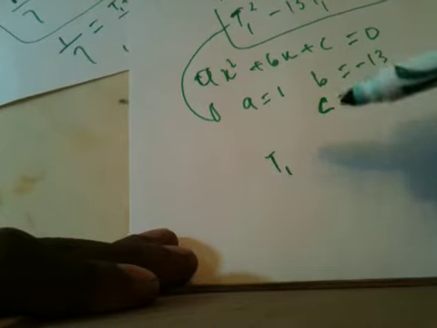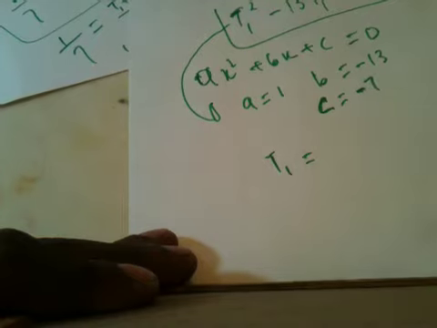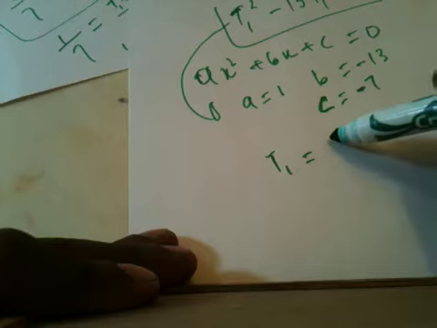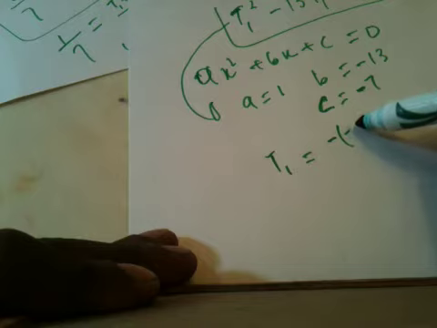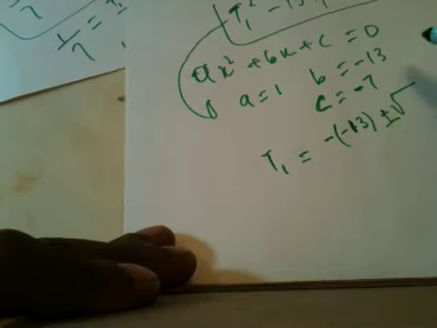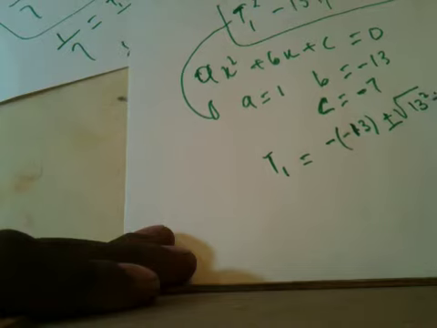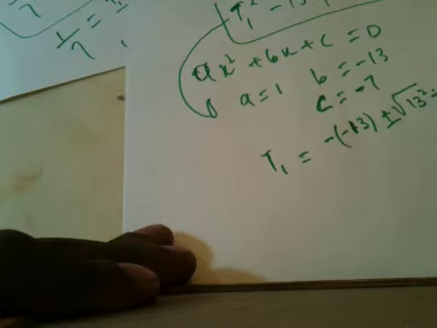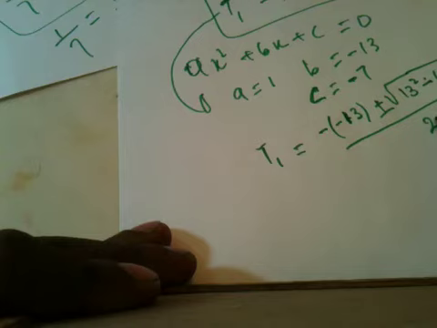I have T1 is equal to negative b, that is 13, plus or minus the square root of 13 square minus 4 times 1 times negative 7, over 2 times 1.